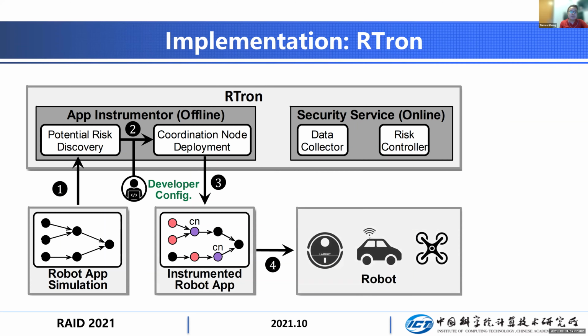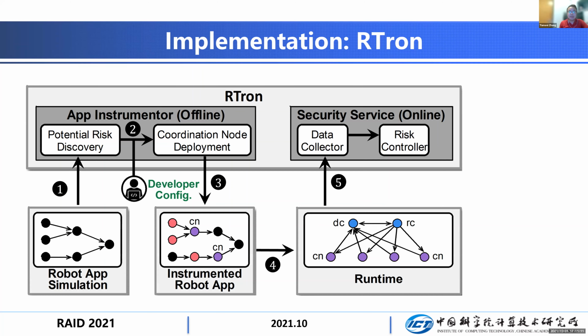The second module is called the security service. After the instrumented robot app is deployed on the robots, the security service will keep monitoring the runtime of these apps. It monitors every information flow across different nodes and checks if any real-time risk happens.